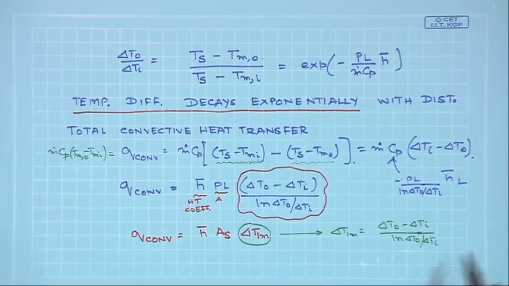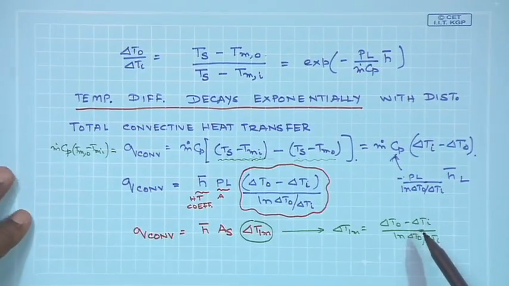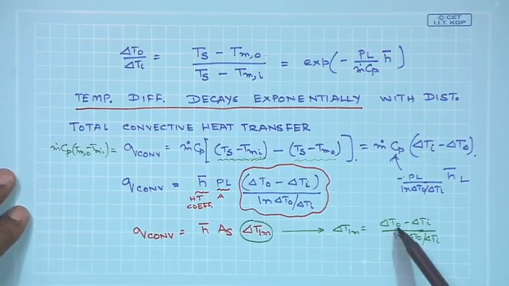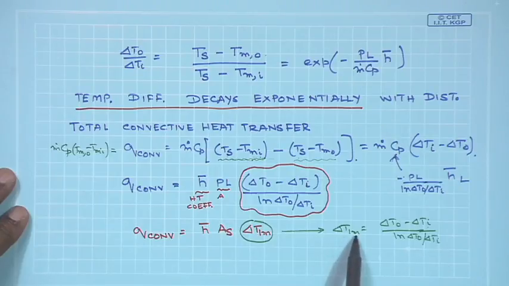So, this is nothing but an average temperature difference between the inlet and the outlet, and because of the presence of the logarithmic term in the denominator, this temperature difference with the subscript L M is termed the logarithmic temperature difference.